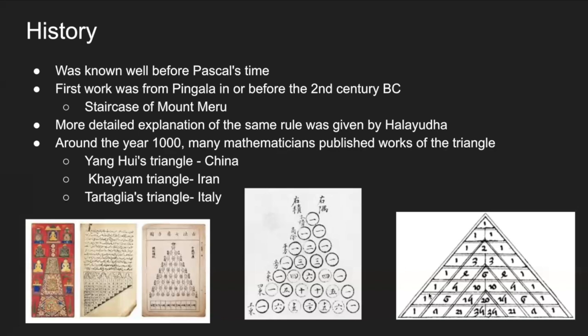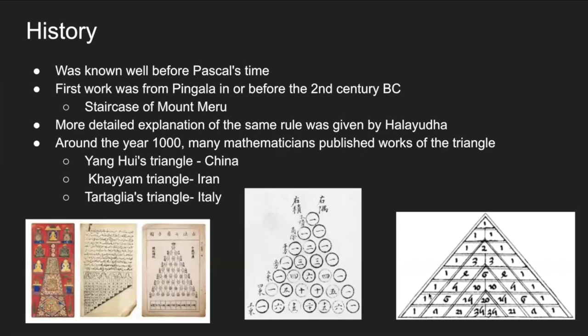Just to give a little bit of quick background about Pascal's triangle, it is called Pascal's triangle, but the triangle itself was actually very well known before Pascal came to be. The first work that historians can trace back to is from an author by the name of Pingala, around the 2nd century BC.